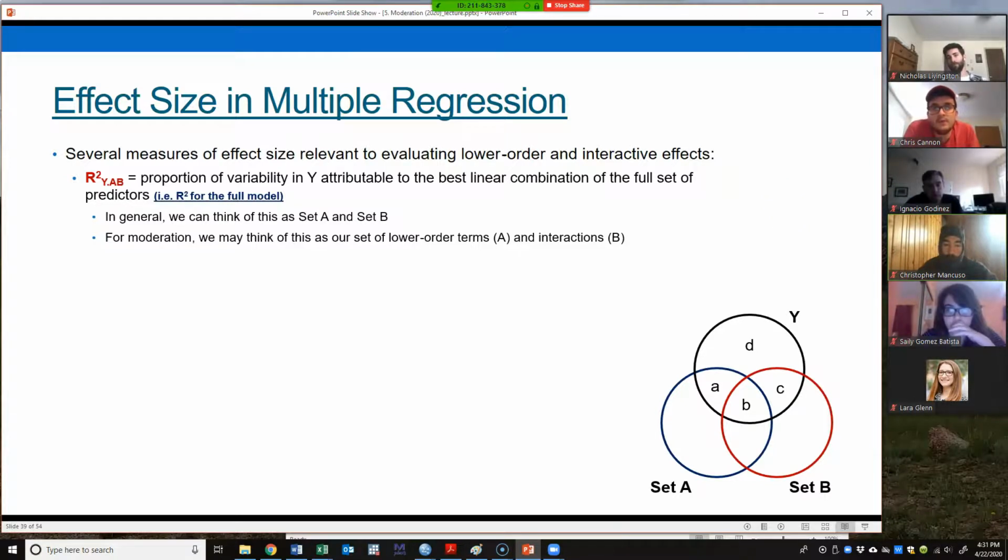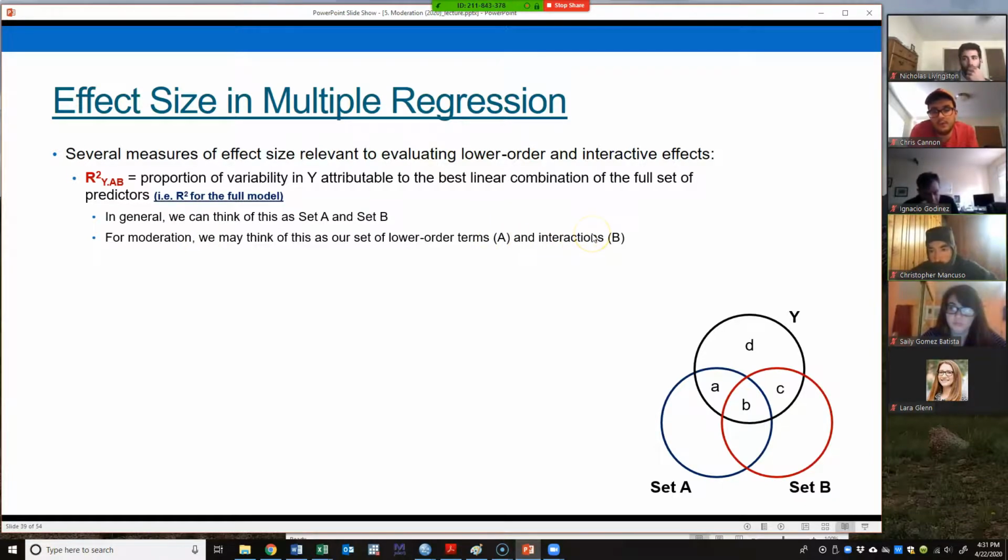Or think of this as notation for the R squared in your data. So let's think about set A and set B. Set A is a number of predictors, and set B is a number of additional predictors. In our moderation analyses, think of set A as our lower order terms and B as our interactions.